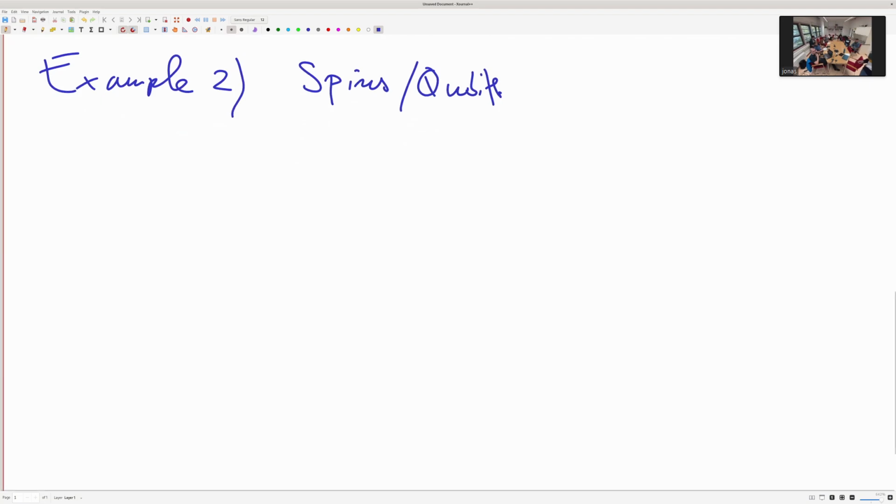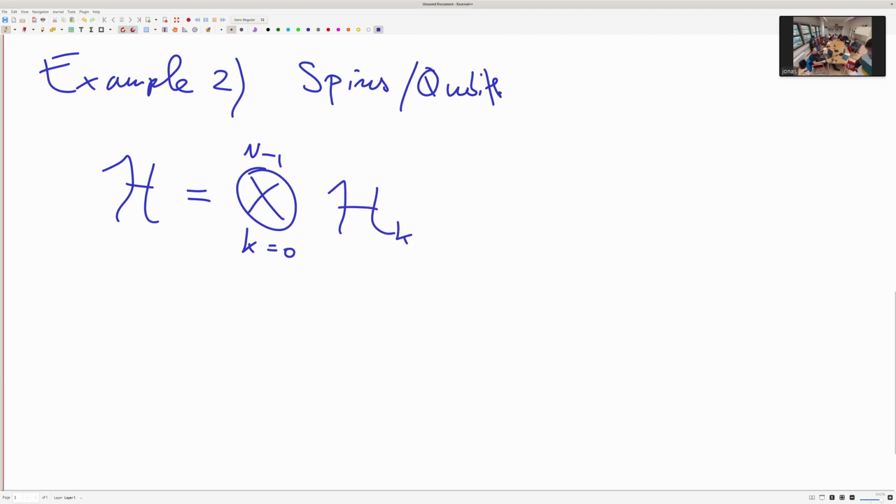So if we consider now a system of n spins, the Hilbert space H will be the tensor product of n smaller Hilbert spaces that represent your local elements, which in this case we want them to be qubits.